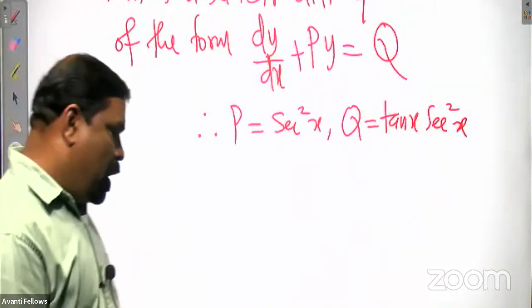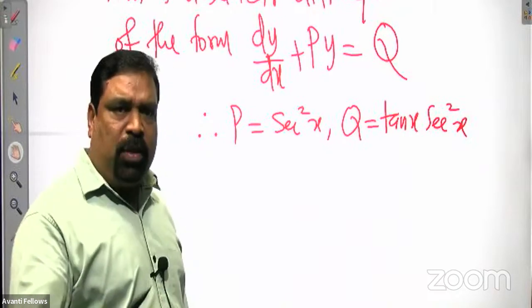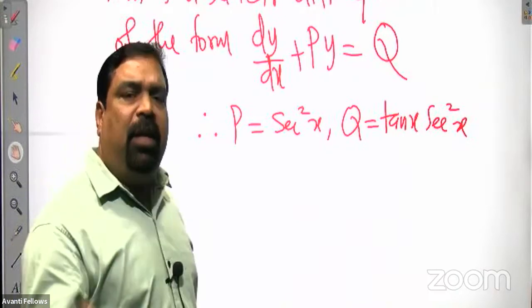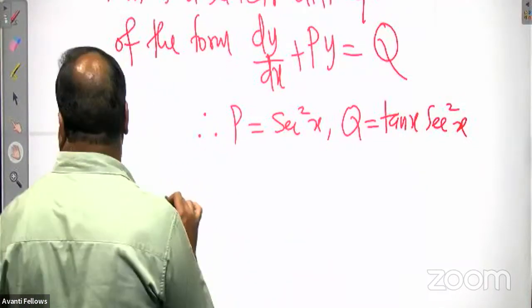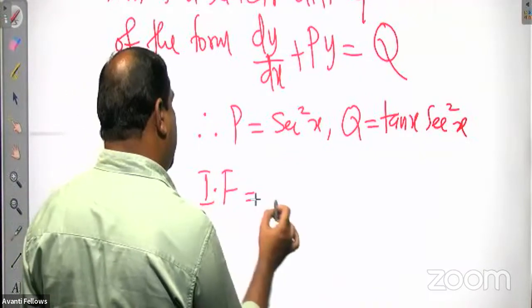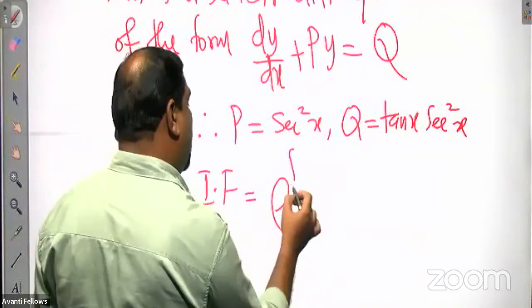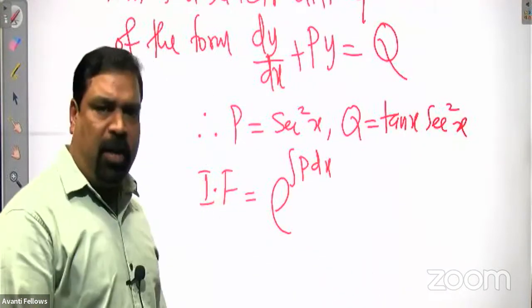Once you have identified the type of the equation, we have to follow the method. So what is the method here? First we write the integrating factor. The integrating factor of this differential equation is e raised to integral p dx. This is the formula for the integrating factor.